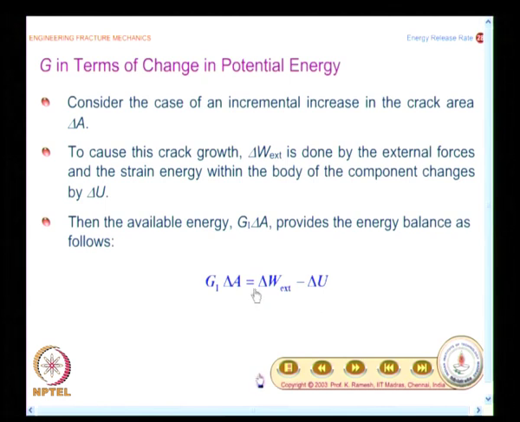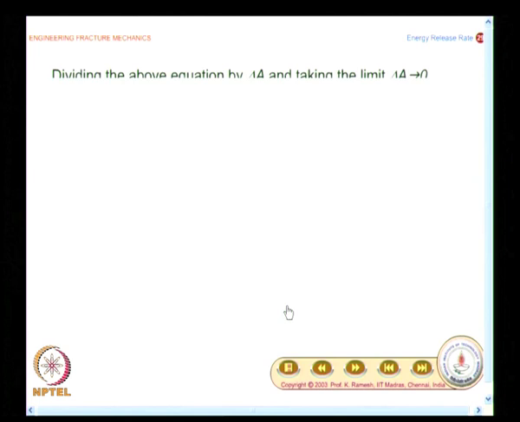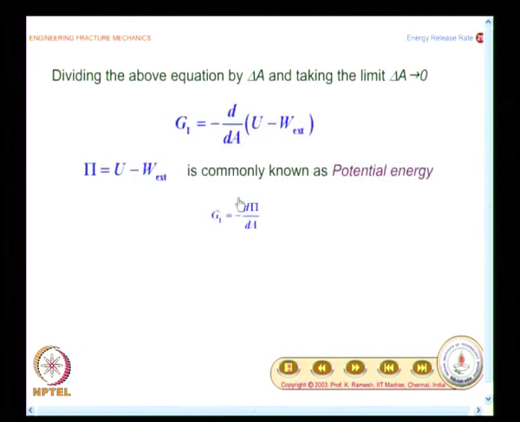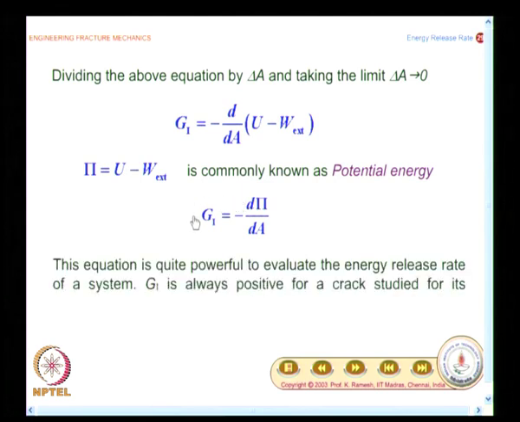See, in theory of elasticity, people have a definition of what is potential energy. We would try to recast this expression in such a fashion, and that is what is listed in this slide. So, what we do is we divide the equation by delta A and note this step, and take the limit delta A tends to 0.